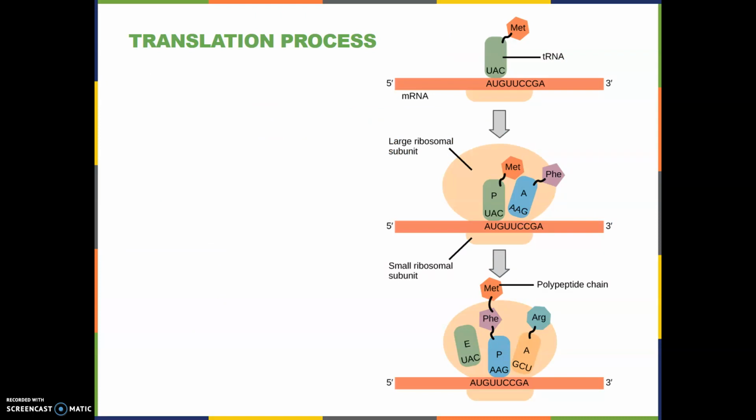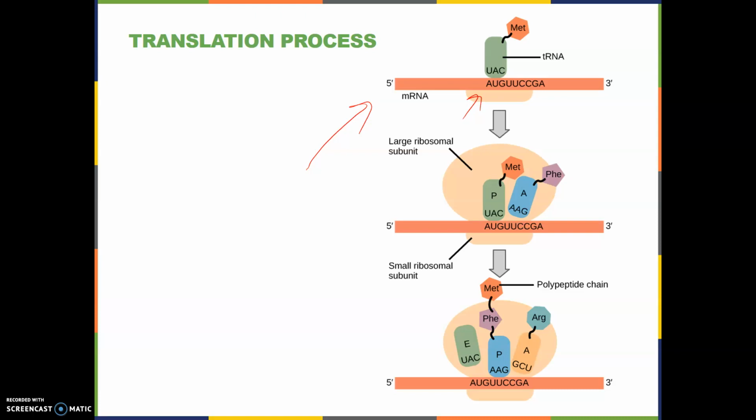This is an illustration of the translation process. And you can see here the transfer RNA has brought in methionine to the start codon. And you can see that messenger RNA has attached itself to the small ribosomal subunit.